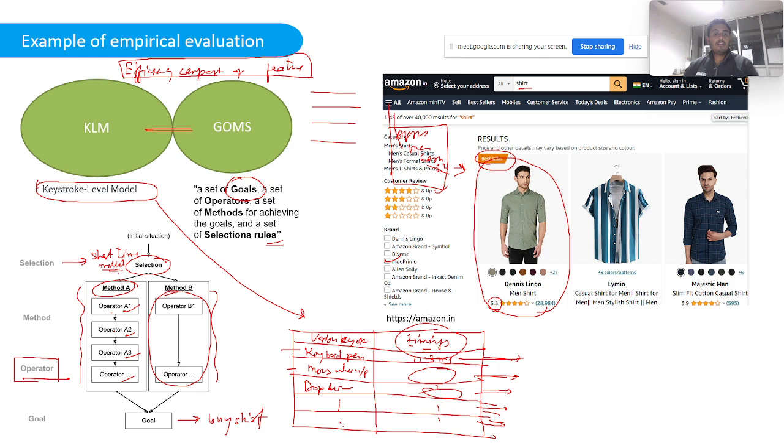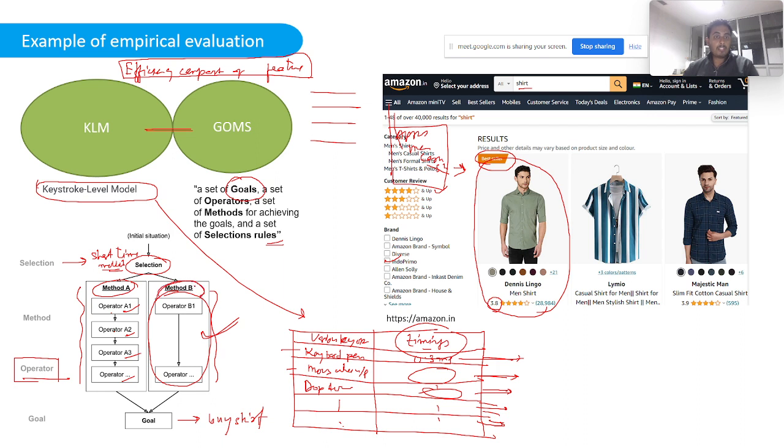That means whichever method will take the shortest amount of time, you will only select that method, and you will discard the other method. So this is an example. After doing this analysis, you will identify that this particular operation takes less time, that's why this is the most appropriate method.